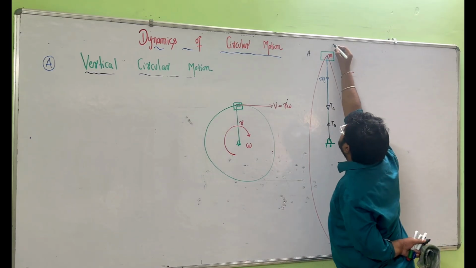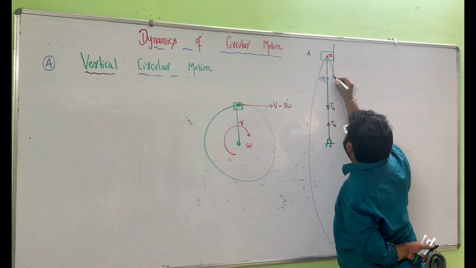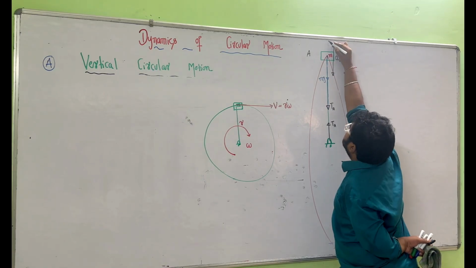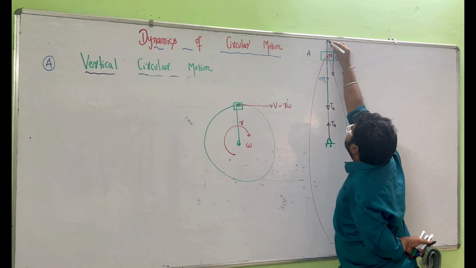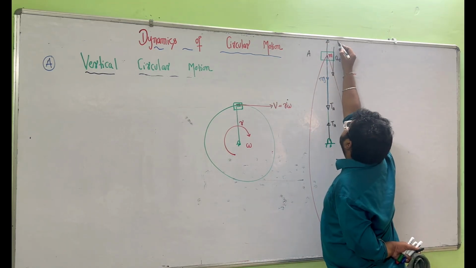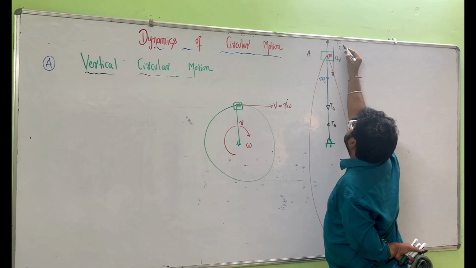Radial acceleration is always towards the center of circular motion. Centrifugal force is always opposite to the direction of radial acceleration.